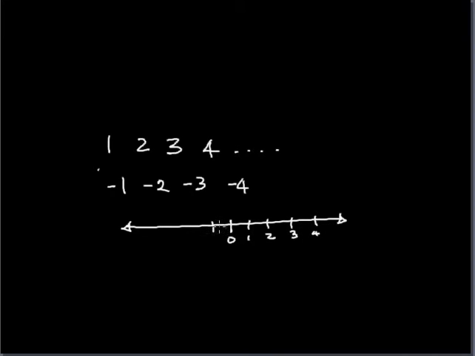And you can also have minus 1 here, minus 2 here, minus 3 here, and minus 4. This number goes into infinity in the negative direction, and this also goes into infinity in the positive direction, and this is the negative sign.